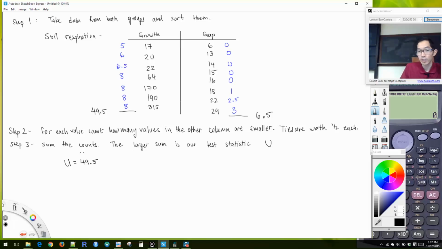And then we're going to take this value and look it up in the Wilcoxon-Mann-Whitney table. Okay, so step 4 would be look up U in the Wilcoxon-Mann-Whitney table. Use of the table requires the designation of n and n prime.